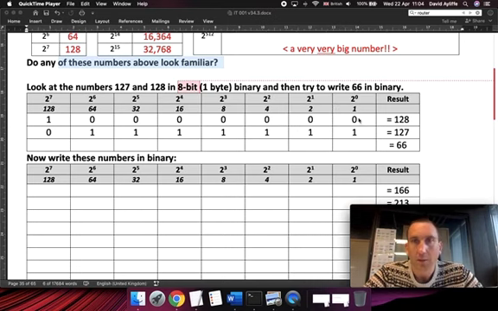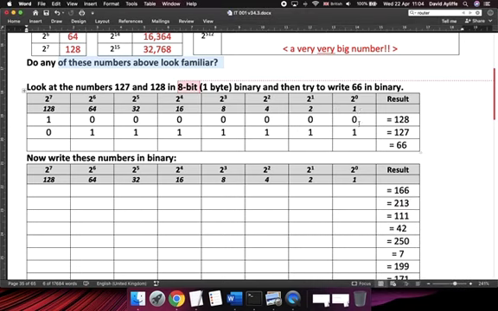This least significant bit here has a value of 1. This is 2 to the power 0, so this has a value of 1. The second least significant bit has a value of 2. This has a value of 4. This has a value of 8, 16, 32, 64, and 128.